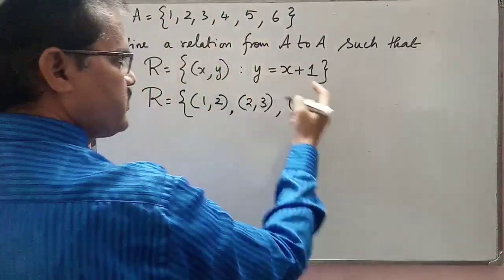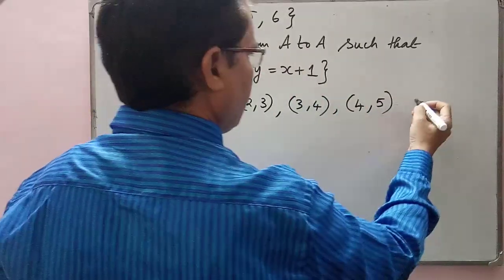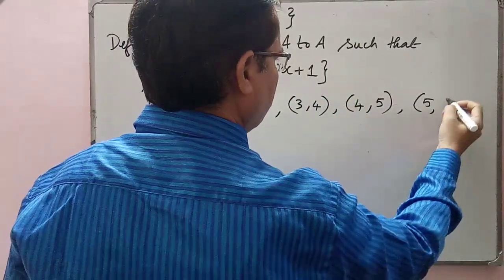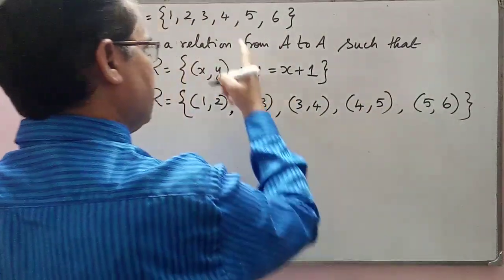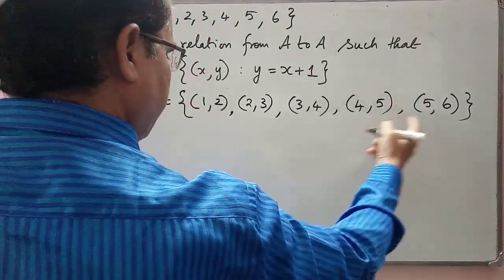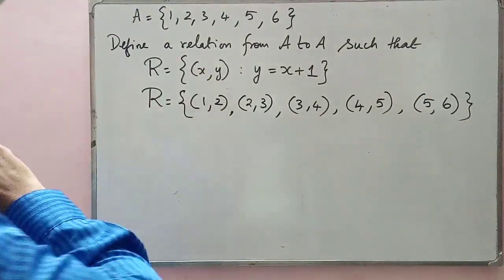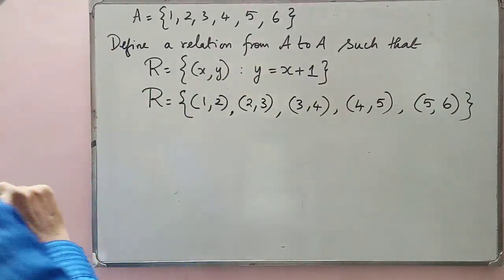Next, 4 plus 1, yes, 5. Substitute 5 in the place of x, 6. Now you cannot substitute 6 because 6 plus 1 is 7, which is not in the set. So these are the ordered pairs of the relation R, which comes under this relationship y equals x plus 1.